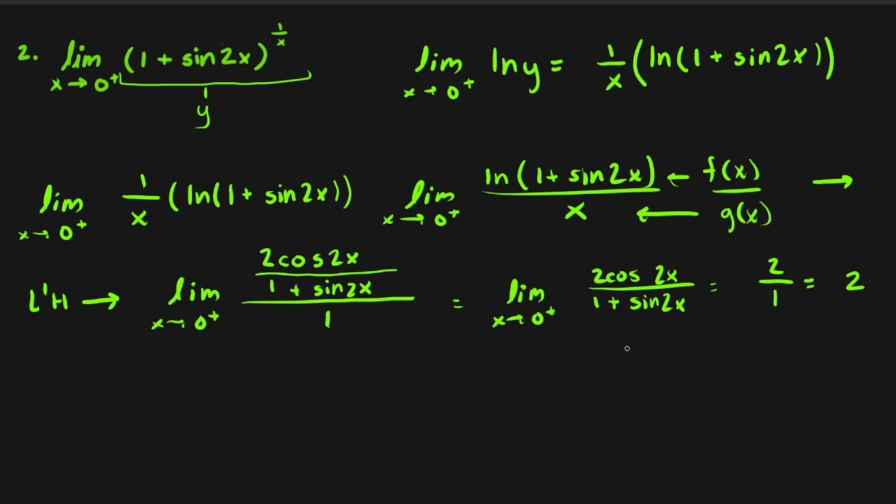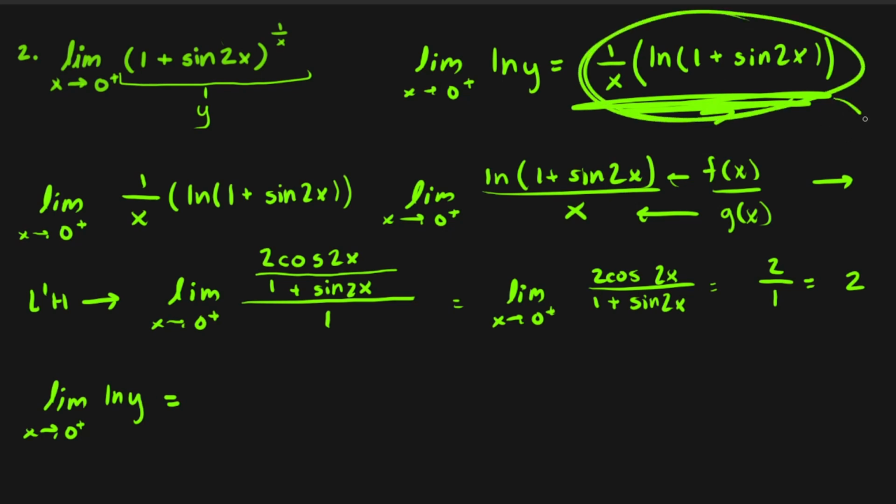So let's rewrite this like we did before. We know the limit as x approaches 0 from the right of natural log of y equals this. Now we just solved the limit of this. We got 2.